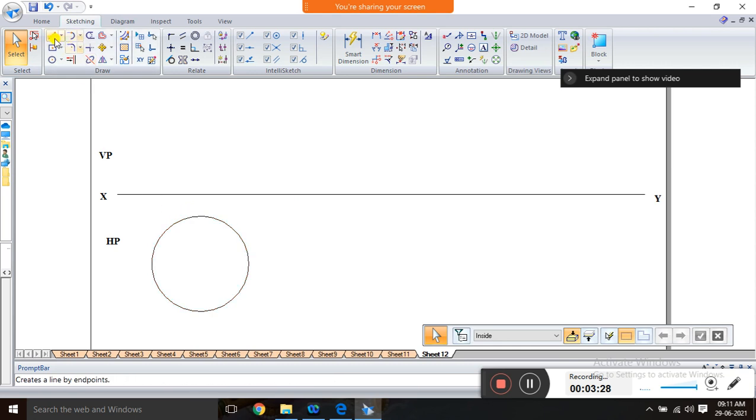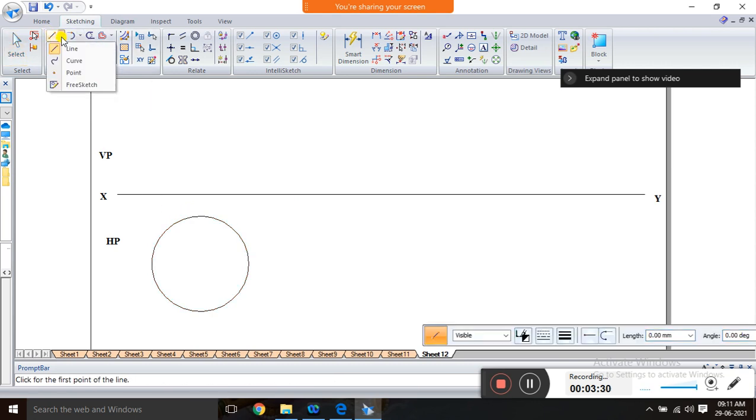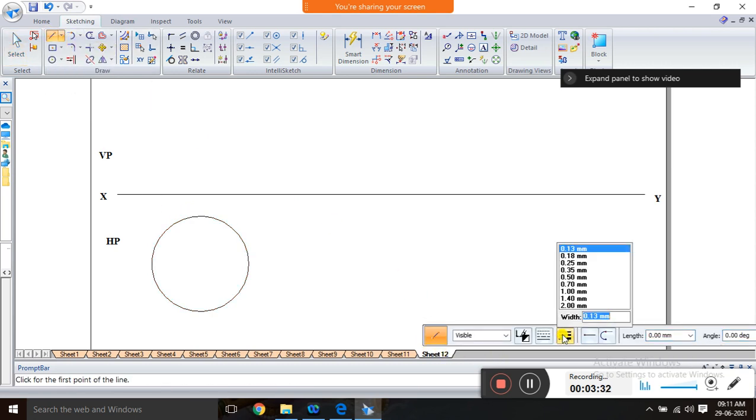Okay, and after that, if you want a corner condition, then you have to draw a horizontal line. If you want an edge condition, draw a vertical line. I already explained in the first class. So here you have to draw a line from the center to the horizontal line.